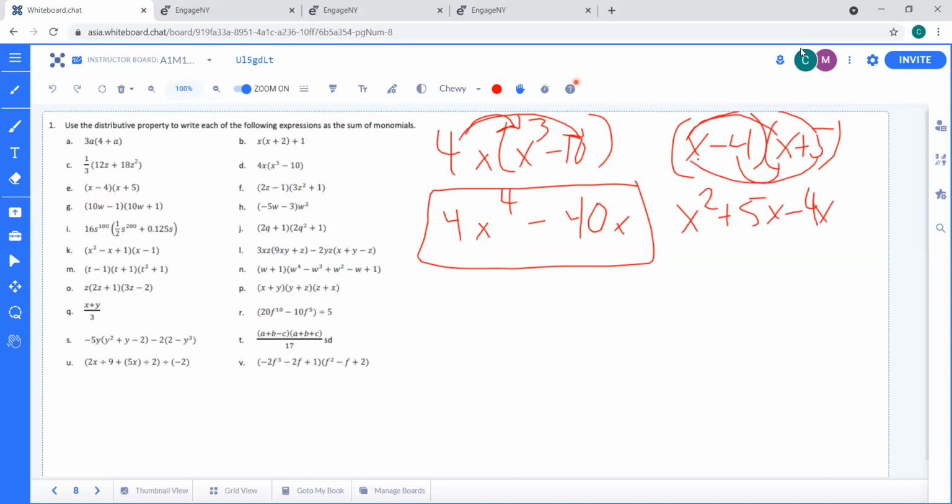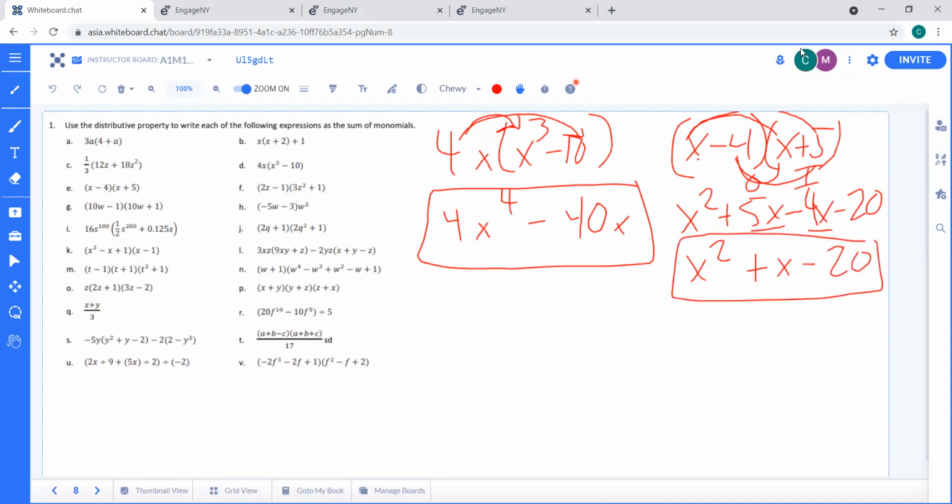And then the last is going to be, oh, that's not the last. Sorry, forget that line. That's the outers. The last is negative 4 times 5. And the reason why we do FOIL, your outer and your inner here are going to combine. So that's going to be x squared. We have x's here, plus x minus 20.